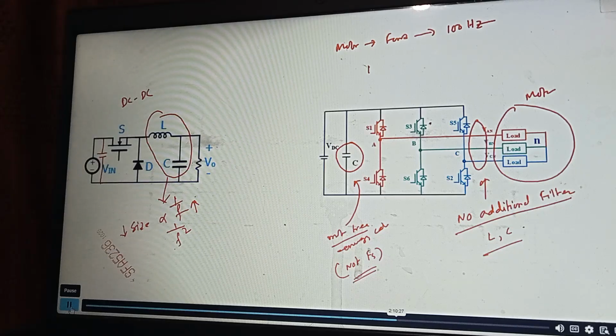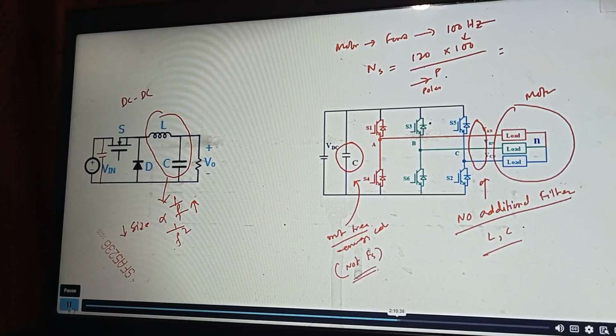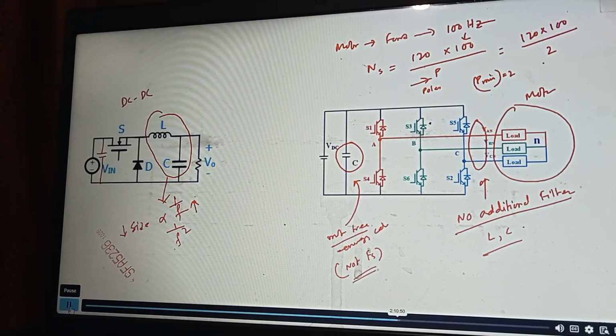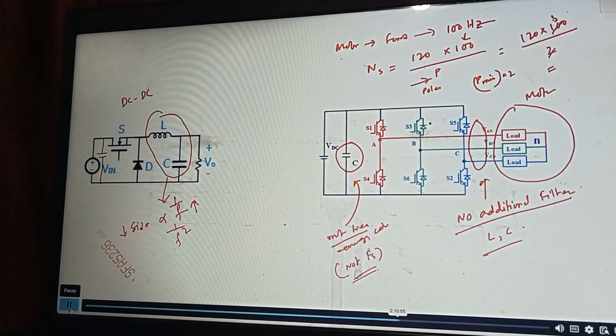So your synchronous speed will be 120 into 100 by P, where P is the number of poles. Now the minimum number of poles you can have is 2, right? In any magnet system, minimum pole is 2.